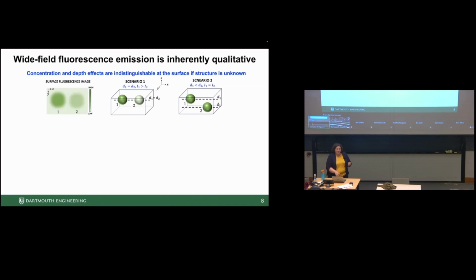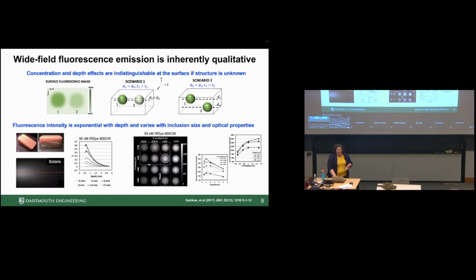And we see that as this fluorescence image on the left-hand side where one is bright and the other one is dim, right? But this could also be a scenario where the two inclusions have the same concentration, but are at different depths. The deeper something is in the tissue, the less fluorescence is going to make it back up to the surface. And the reason for that is that light path through a tissue is not linear.